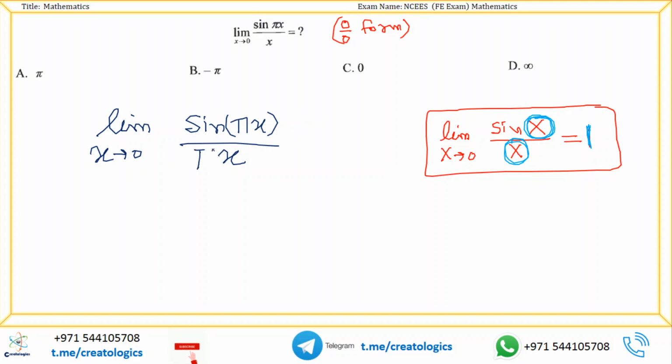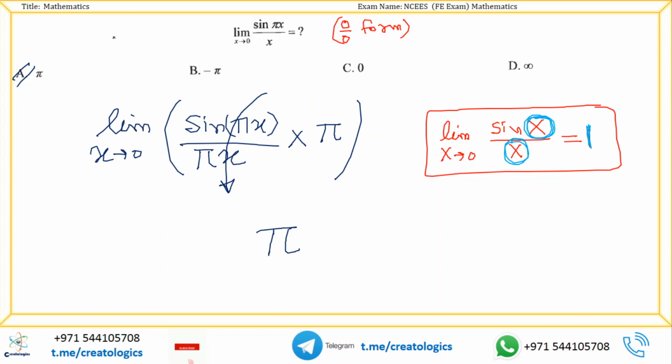So I need to multiply by pi and divide by pi also, to balance the expression, right? So I am multiplying and dividing by pi, and we know that the value of sine pi x over pi x will become 1. So this quantity will be 1, and what you are left with? Pi, and that's your answer, right? So option A is the correct choice.